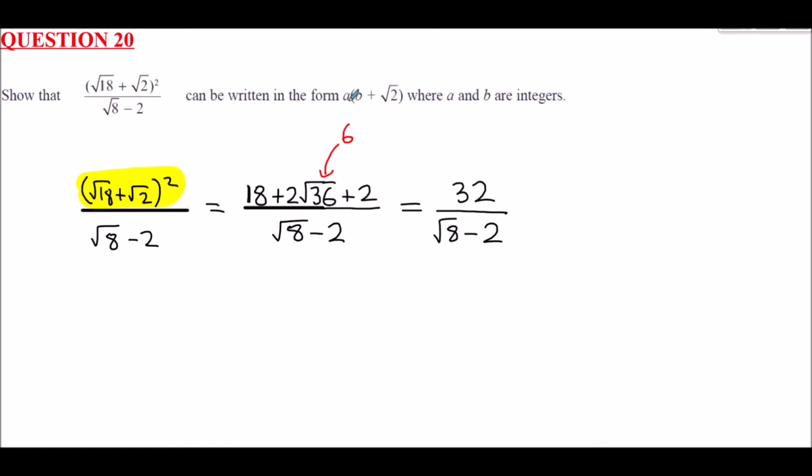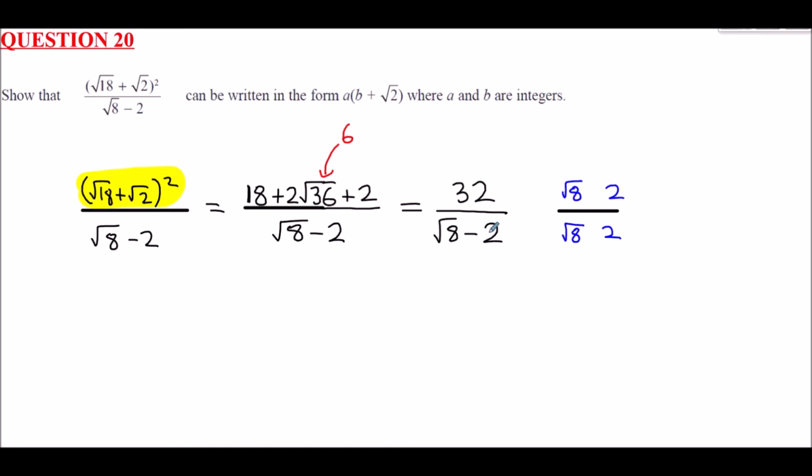So in other words, we don't want to have any fraction. We don't want to have any denominator. What we need to do in this step, which you might have seen, is called rationalising the denominator. So what we need to do to both the top and the bottom is multiply by the conjugate of the bottom. All this means is we keep the things the same. So we keep root 8 and the 2, but we just switch that sign.